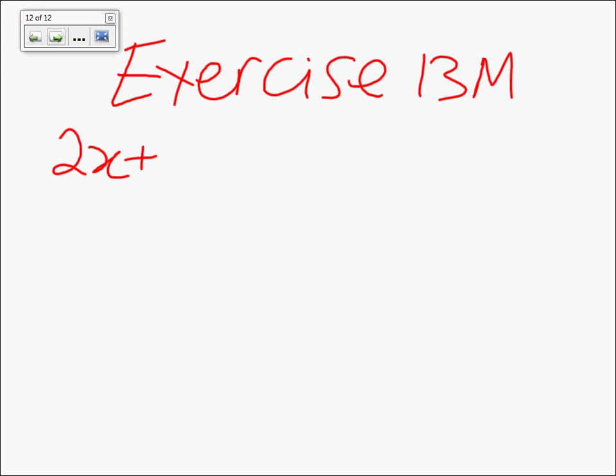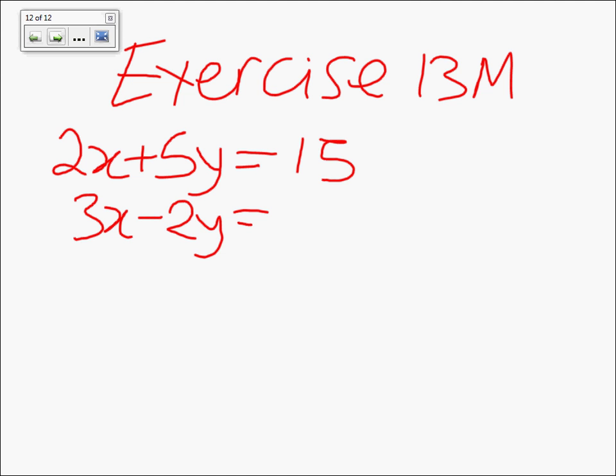Question 1: 2x plus 5y is equal to 15, and 3x minus 2y is equal to 13. Solve that.